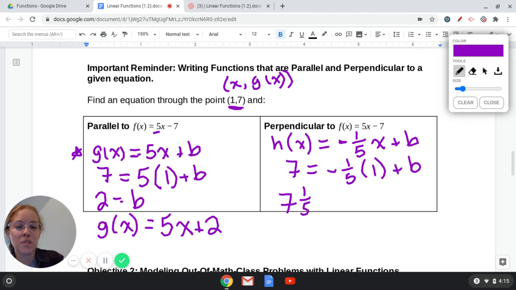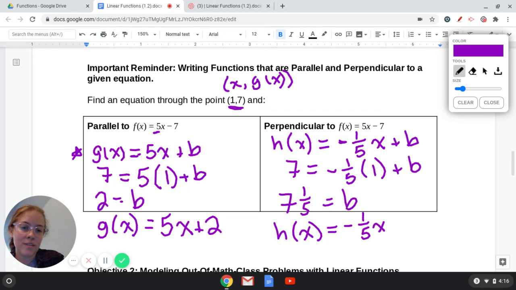Or I guess I could put 7.2. That would be okay too. Equals b. So this function is our slope, negative 1/5 x, plus 7 and 1/5, and that's it.